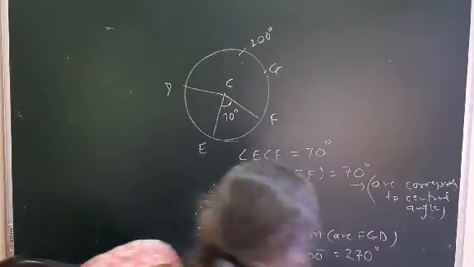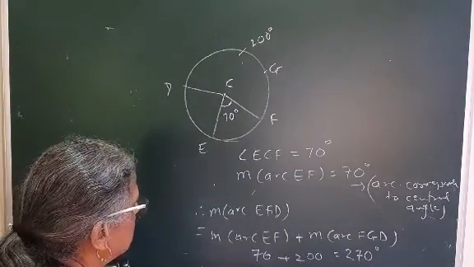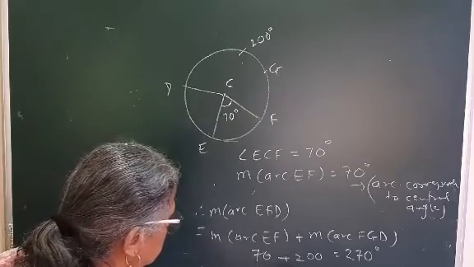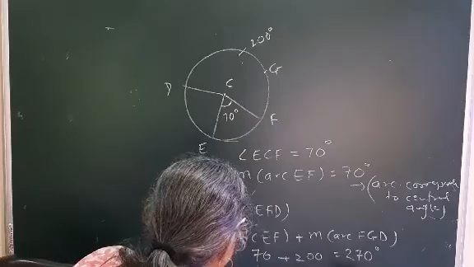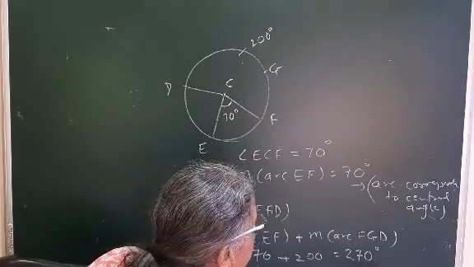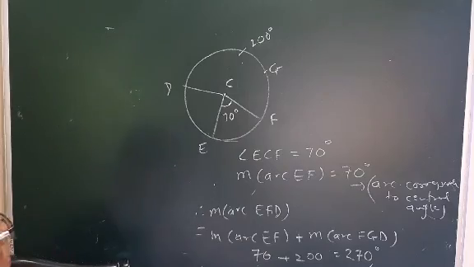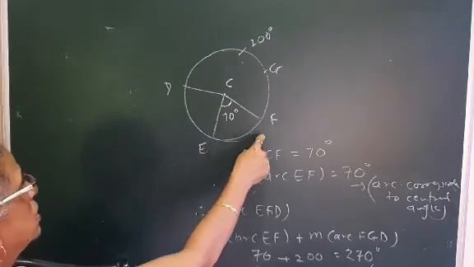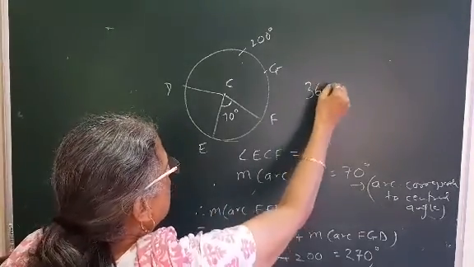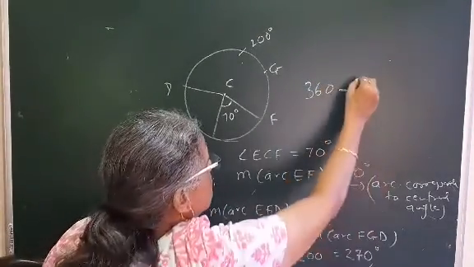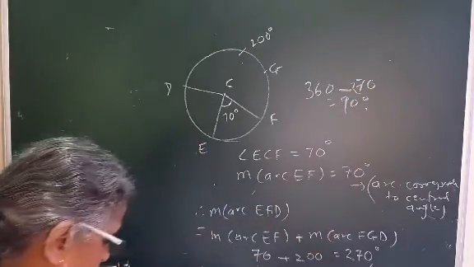And major arc DE they have asked, major arc DE is equal to 360 minus major arc EFD. Followed? That is equal to 360 minus 270, that is equal to 90 degrees. So that is the first answer.